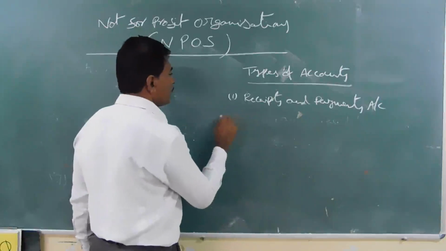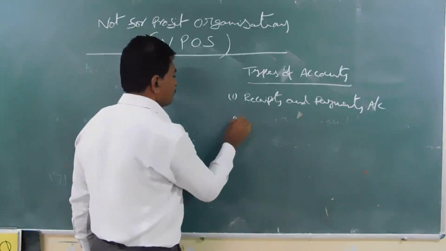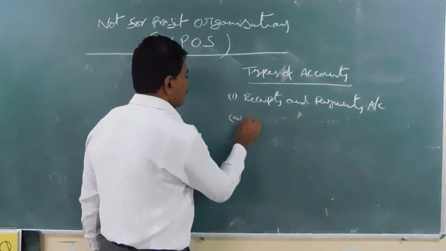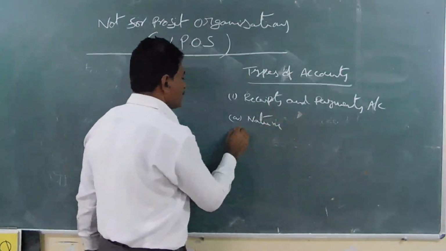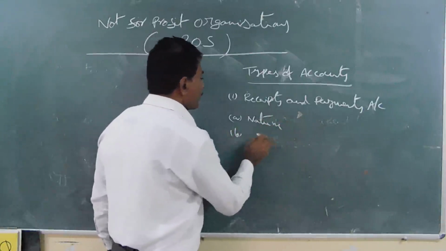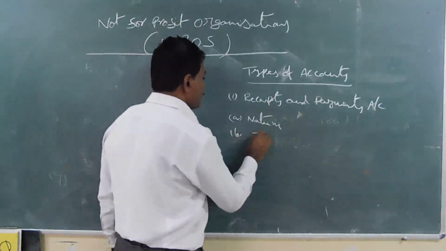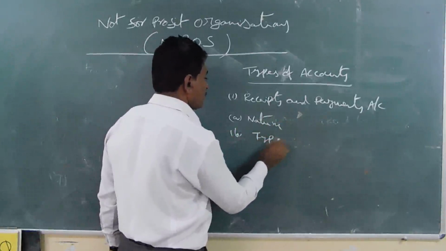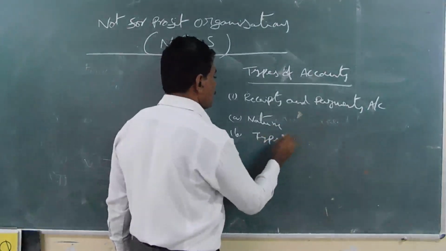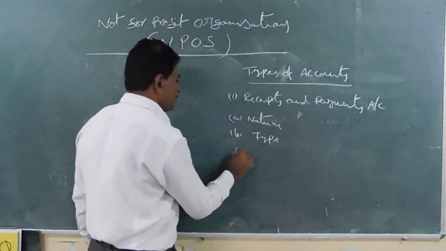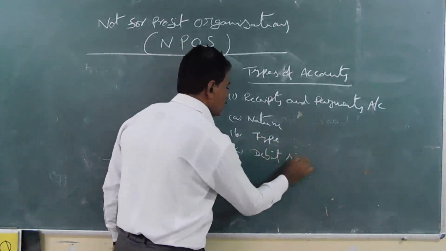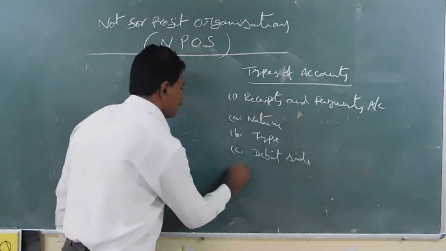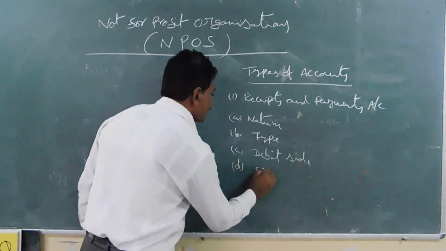First one, A. Nature of account. B. Type. C. Debit side. D. Credit side.